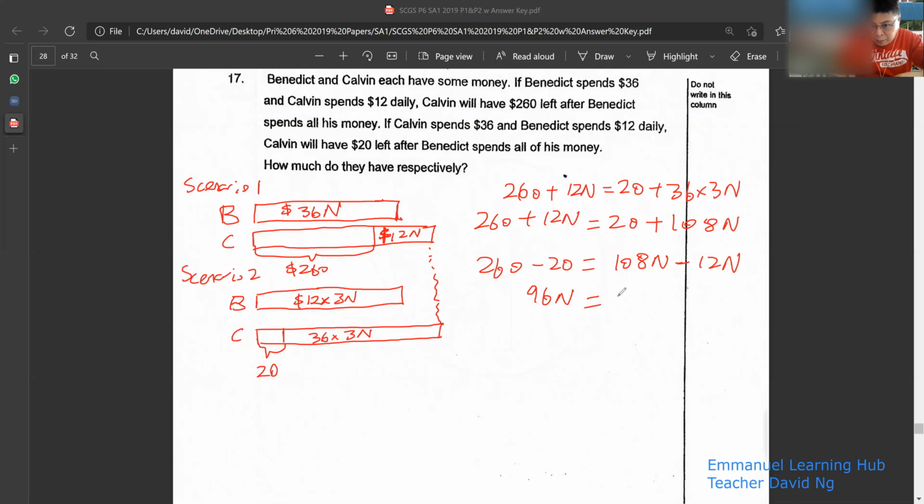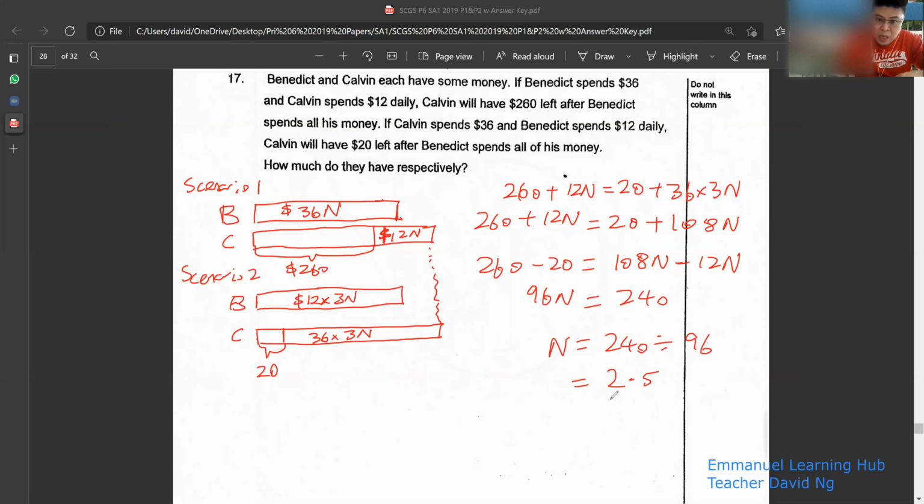I swap the side because I prefer my unknown on the left side. So 96N is 240. N is equal to 240 divided by 96. Your N is equal to 2.5.